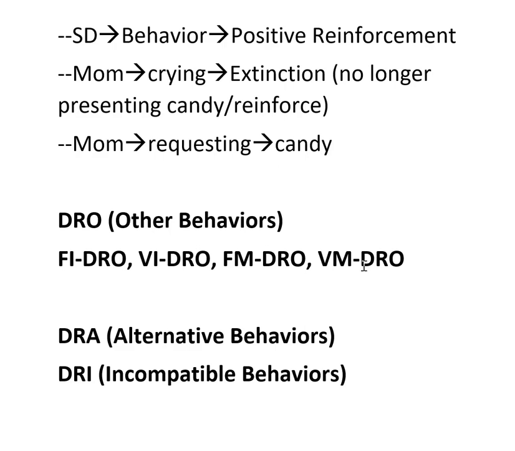Let's review these. The fixed interval is basically fixed time. So we can put a fixed time of 20 minutes. So every 20 minutes, if there's no crying, we are reinforcing whatever behavior we're seeing, but not the one that we're trying to reduce.